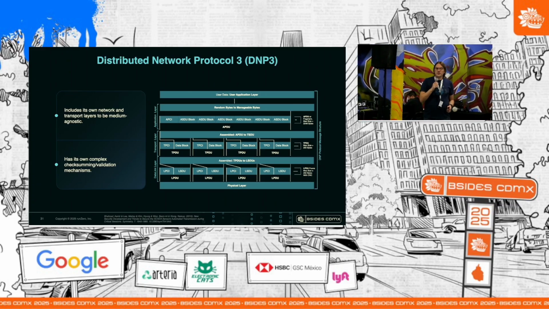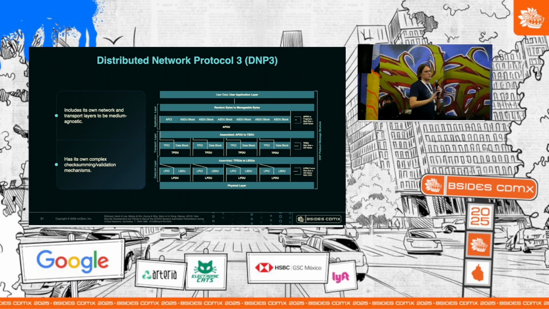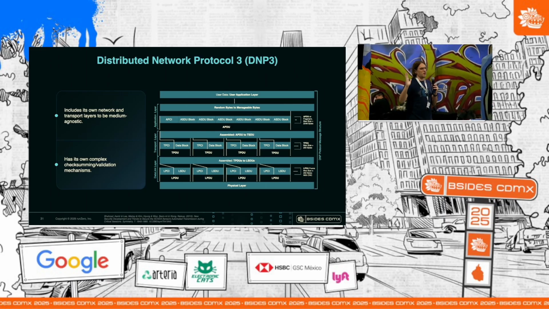But DNP3 is interesting. So this diagram, which was taken from an official specification of the protocol, shows just how complicated it is. DNP3 has a version that runs on TCP, which we'll get to in a second, but it was designed to run on take your pick of physical media, right?